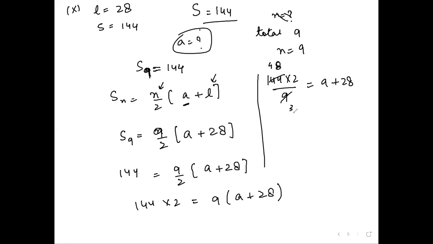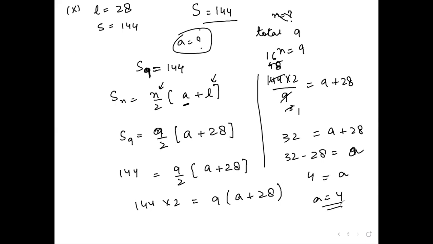Again, so 3 into 6 is 18. So that means 16. So 16 into 2 is 32. This is A plus 28. So 32 minus 28 is equal to A. That means 4 is equal to A, or A is equal to 4. So I've got A is equal to 4.